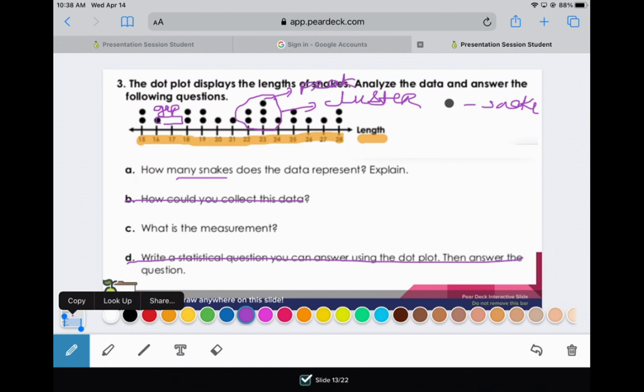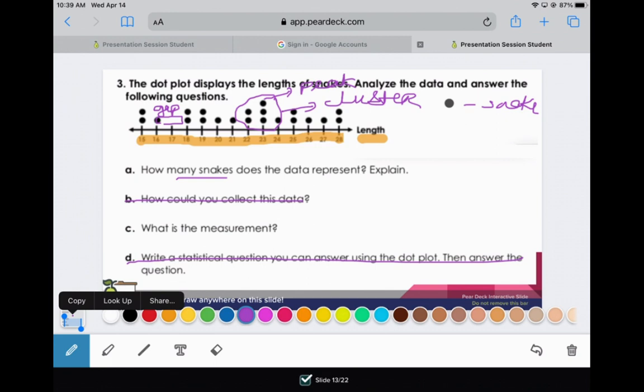Some of you say you look at the snake and actually measure the snake to get the data, right? And then this part D, write a statistical question. And some of you said the statistical question could be, what is the mode? What does it mean? What is the median? That's good. That is exactly what you would answer for B and D. So that's good.